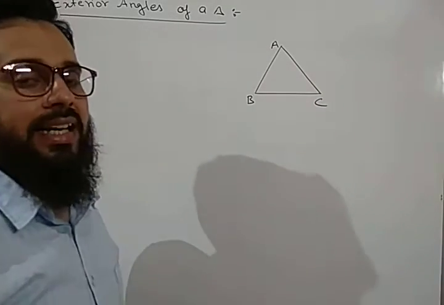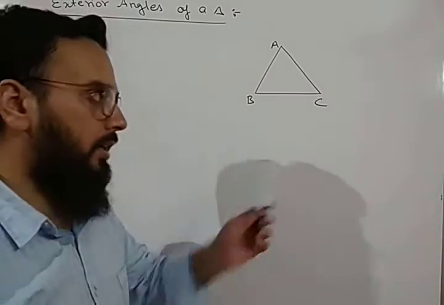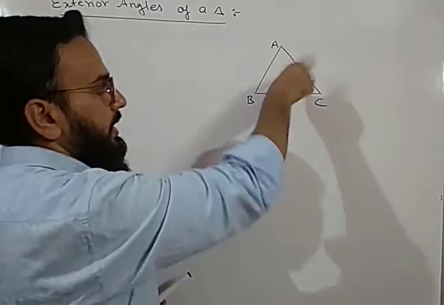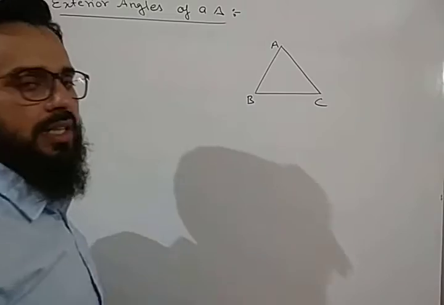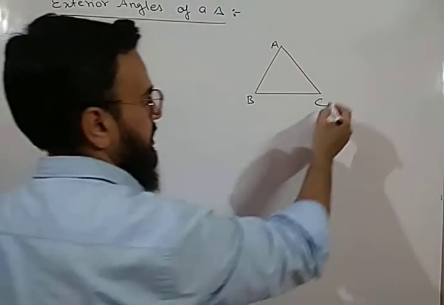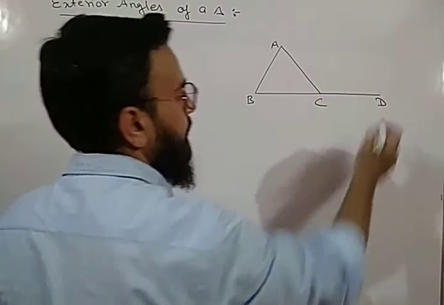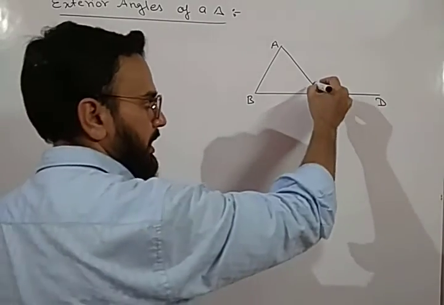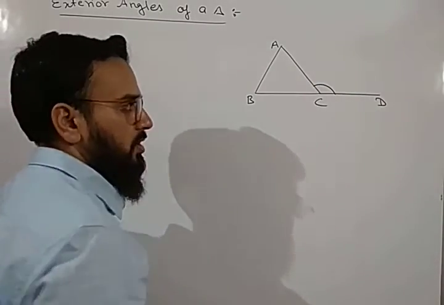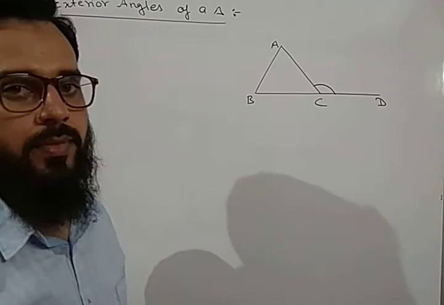If we extend any side of a triangle, any side, there are three sides AB, BC and AC. If we extend any one side of a triangle, suppose we are extending BC, we extend BC up to point D, then this angle formed is called exterior angle.